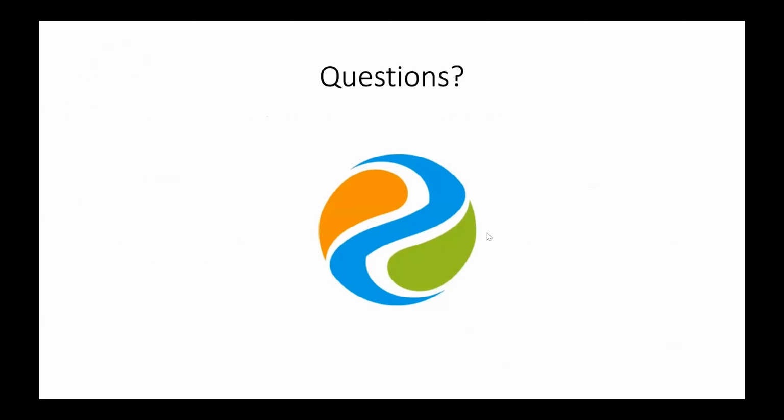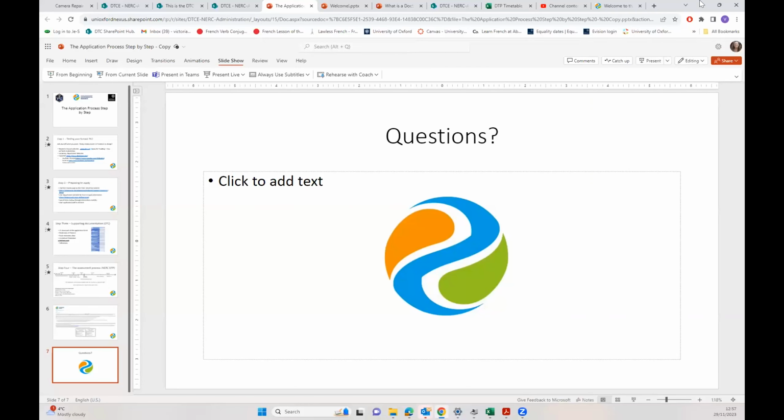So what I will do now, if I just unshare my screen. Oh, I'm not unsharing, am I? So I've lost my cursor. There we go. Right, so here I am. I will have a quick look at the Q&A now and see if there are any questions about the application process.